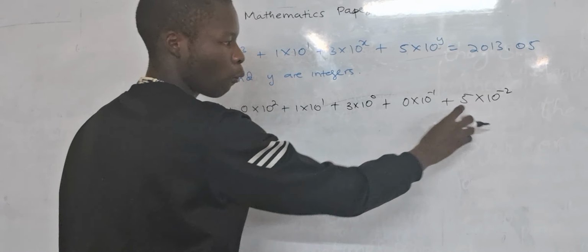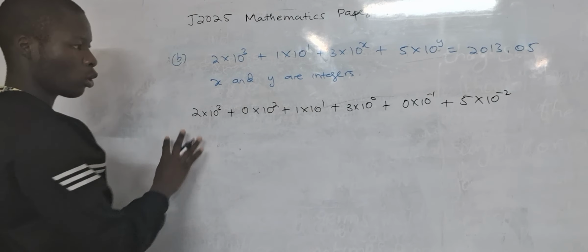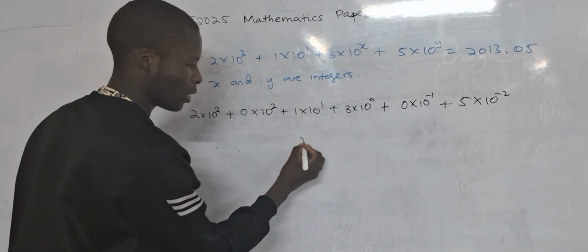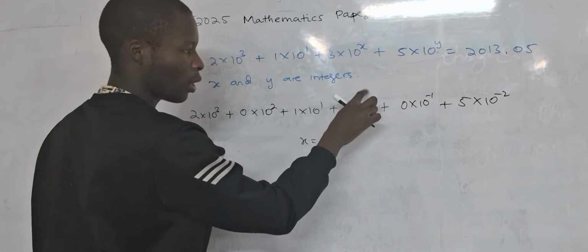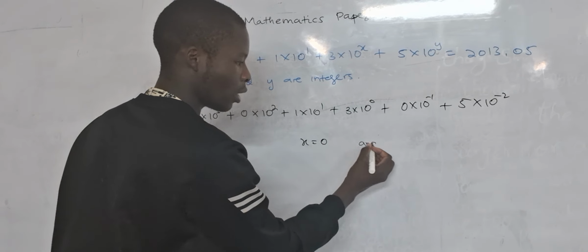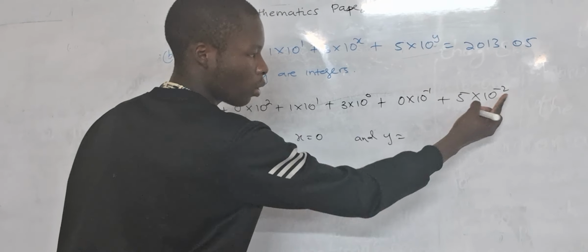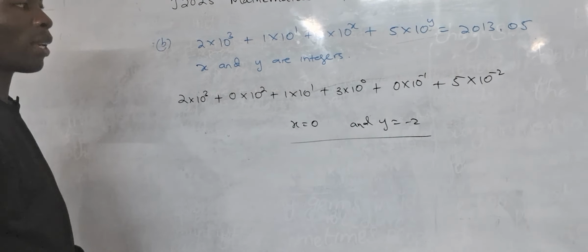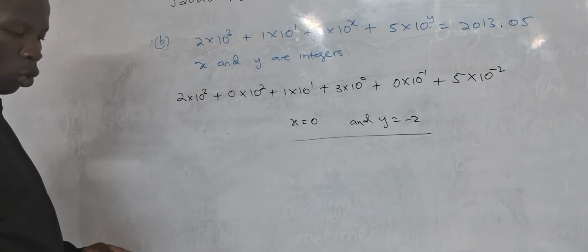So this is the weight of 5. So from this, you can clearly see that x is equal to 0, and y is equal to minus 2.